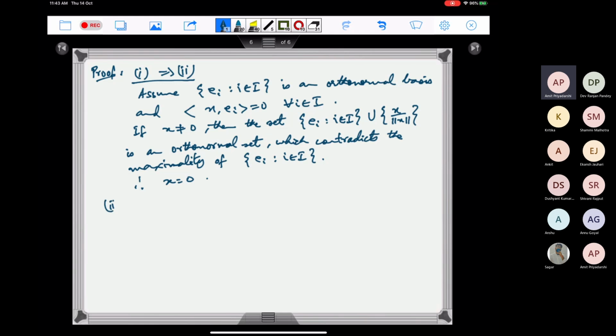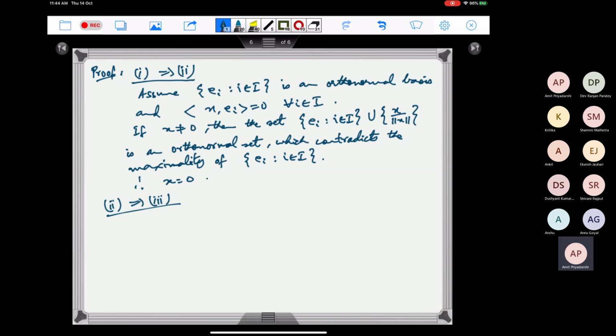Now we will show that statement 2 implies statement 3. So suppose we have any x in H, we have to show that x can be written as summation x dot e_i e_i.